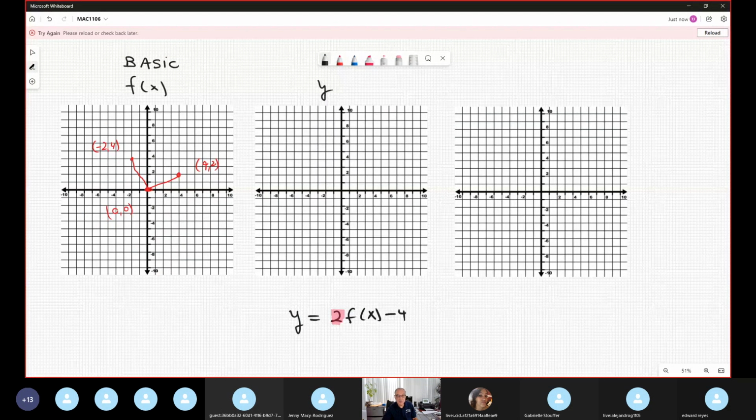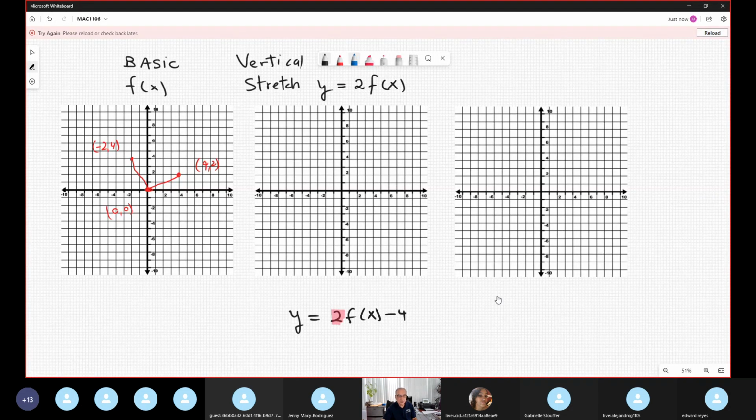So the thing I tried to explain was, the first thing you should do is multiplication by 2 times f of x. And what is the name of this transformation? It's vertical stretch. Factor 2.